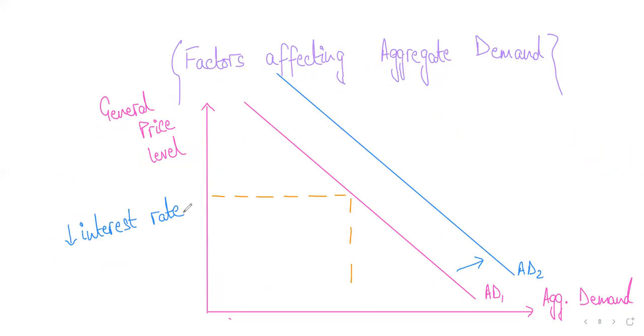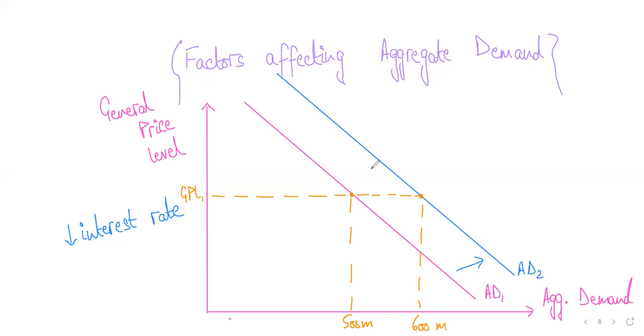So at this price level, let's say previously on the pink graph you had 500 million, just to get a specific value. At the same general price level, on the higher aggregate demand curve, it's something higher, 600 million, and so on.